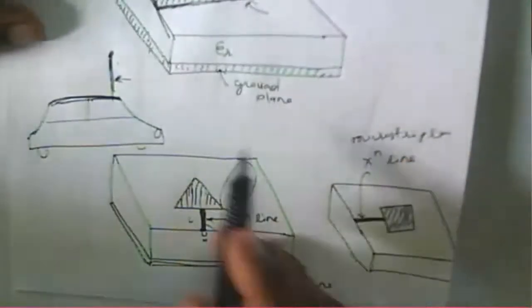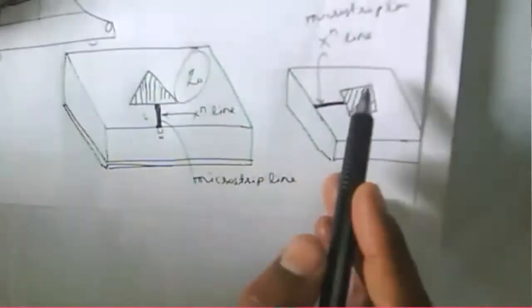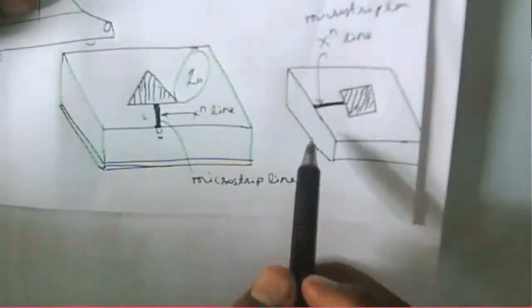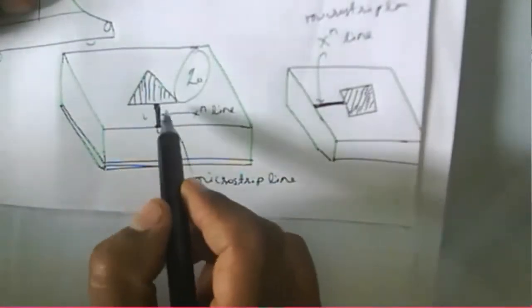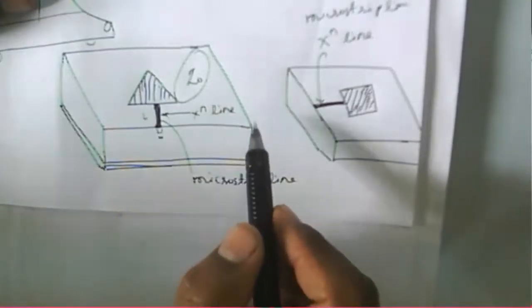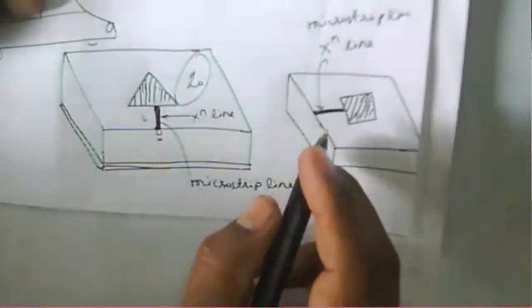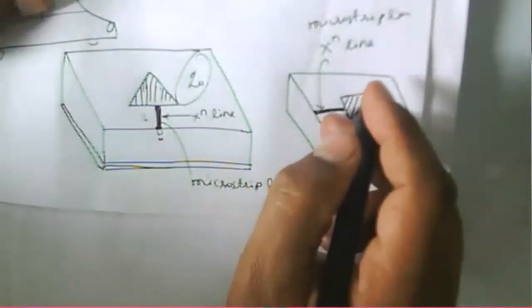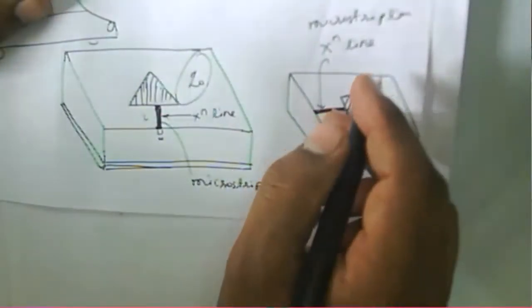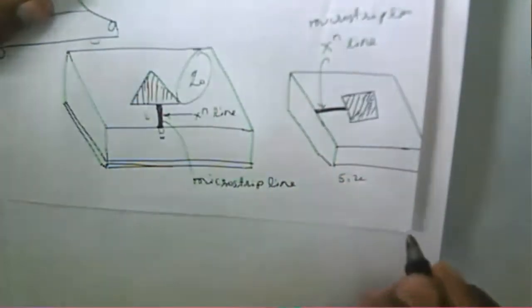But now this one is just like a wire antenna, or we say whip antenna here, and this one is a patch of rectangular or square shape. Since this antenna is low weight, that's why this type of antenna is used in an aircraft or a spacecraft. And the size of this particular patch is very, very small.